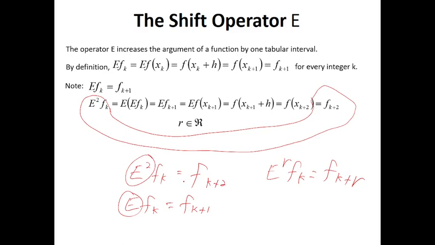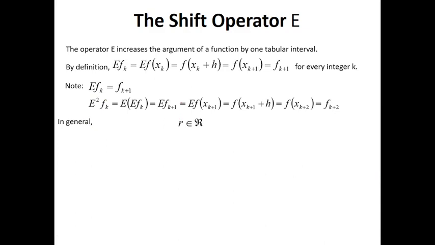So, using inductive reasoning, we are able to conclude that the r-th shift of the function is equal to f sub k plus r. Take note that, in general, E to the r f sub k is equal to f sub k plus r. Yung r-th shift ng function ay equal sa f sub k plus r.